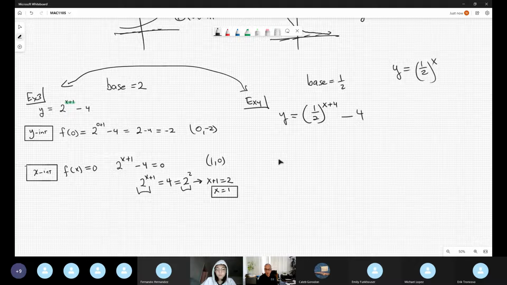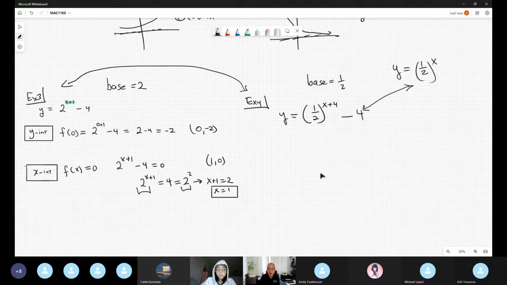What transformation do you see between this and this? The -4 is like 4 units down. Very good, shift down. And then the x plus 4, that's to the left. Horizontal shift to the left. Very well.